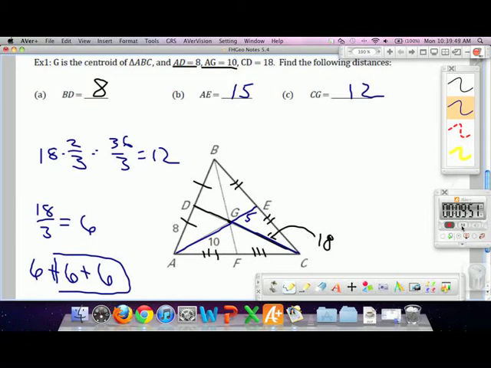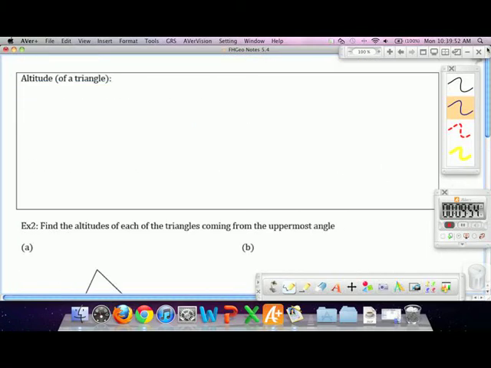So an altitude of a triangle is defined as the following.